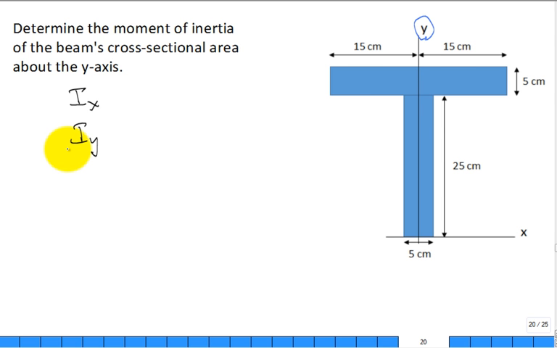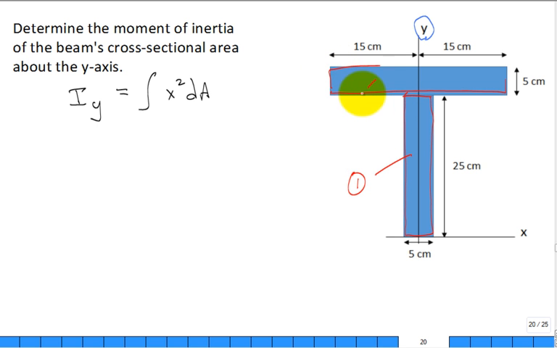I is for the moment of inertia of that area, but which one is it? Yeah, it's Iy. So we're going to calculate Iy, which is the integral of x squared dA. And we look at it and we say, you know what? This is really a composite of this plus this. Let's call that 1. Let's call that 2.